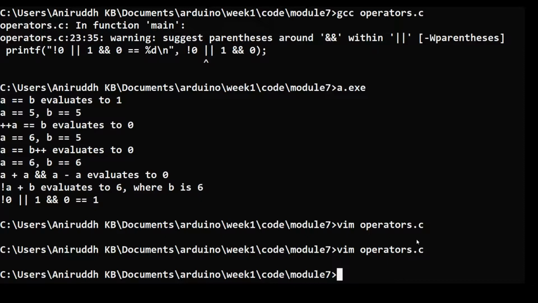Not A, plus B. If it were not of A plus B, then it would have evaluated to 0. However, it is not of A, to that we have added B. Not that we are taking A plus B and then taking the logical not.